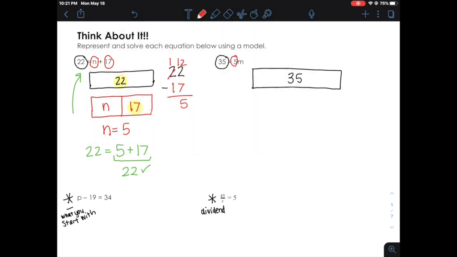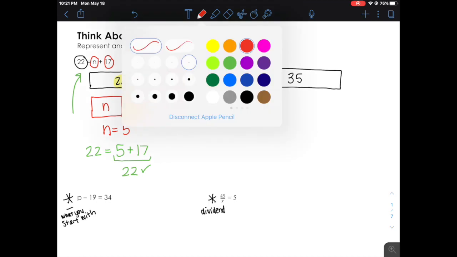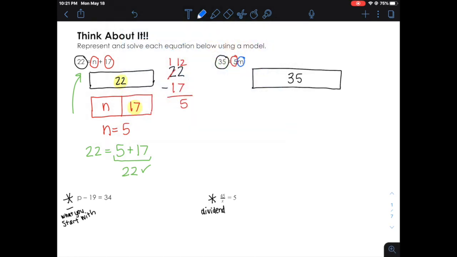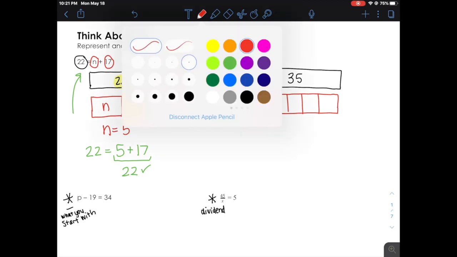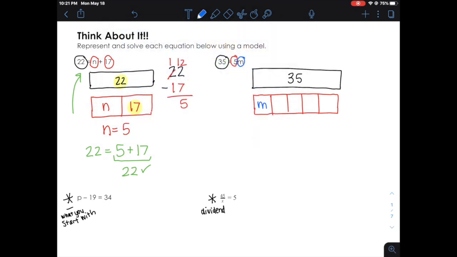So one is going to be my number of groups, and then the other one is going to be my group size. So I'm going to make 5 groups, just because that's the easiest thing to do. So make that equal in length and then split it into 5 equal sections. And then each group is going to be worth m, so each box is m.